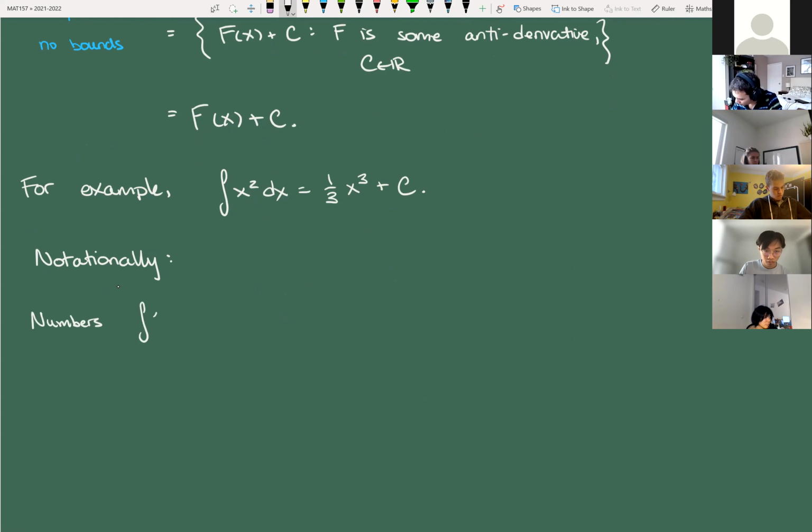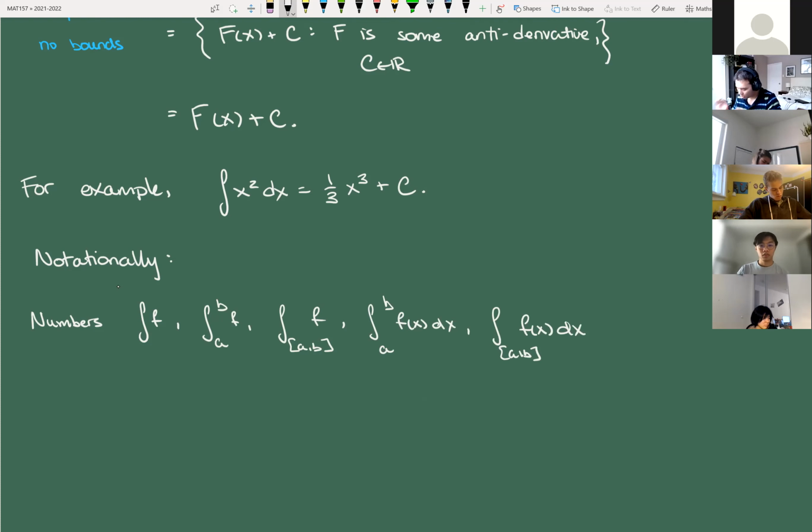right? So we said the integral of f, the integral over [a, b] of f, the integral from a to b of f(x) dx, the integral from a to b of f(x) dx. These things are numbers, they are real numbers.